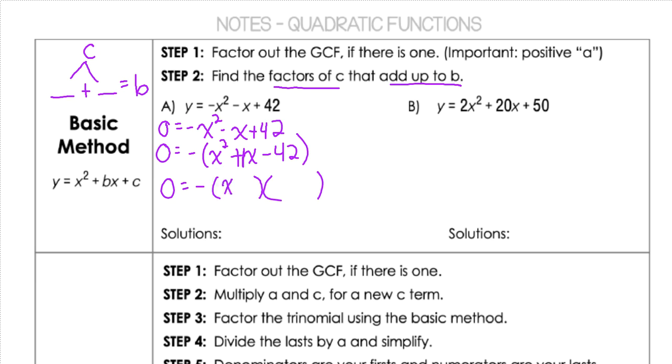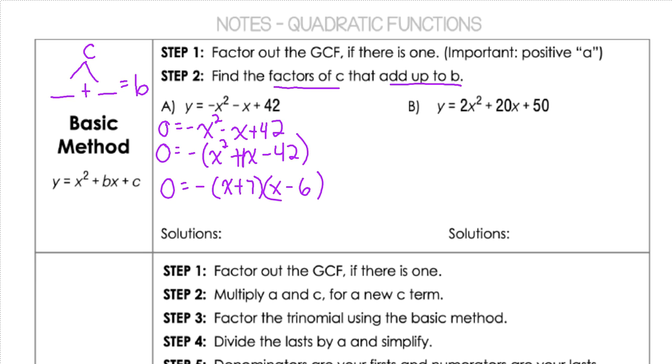So x squared, we can factor into x times x. And then the factors of negative 42 that add up to 1 would be positive 7 and negative 6. So 7 times negative 6 is negative 42, and 7 plus negative 6 is 1.